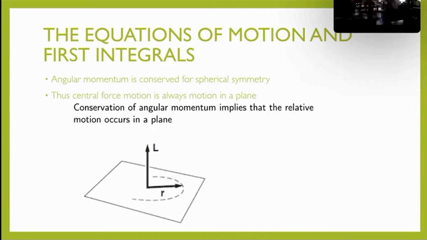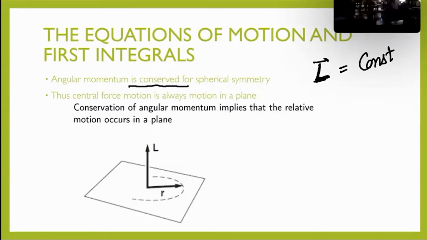And the third property is that in the central force case, angular momentum is always conserved. Angular momentum is conserved, that is L. This is not the Lagrangian, so don't get confused with the Lagrangian. Let me make this a simple L. L is a constant of motion, that is, your angular momentum will be conserved.